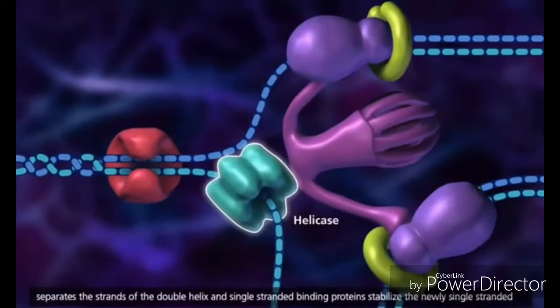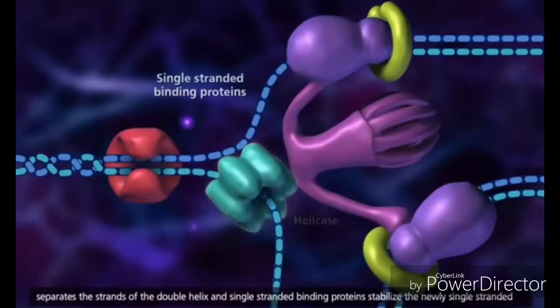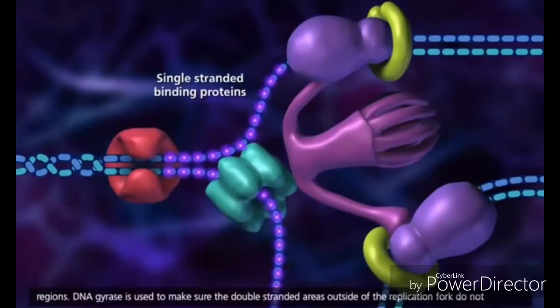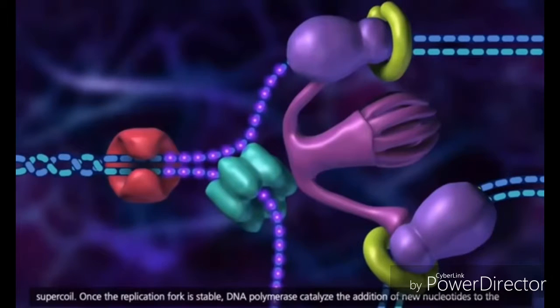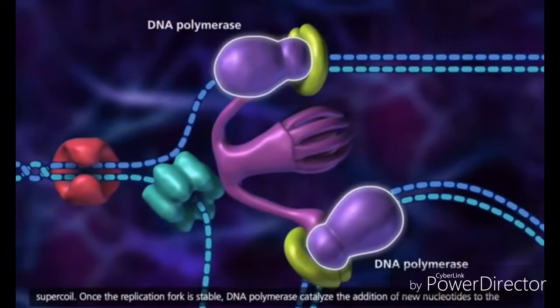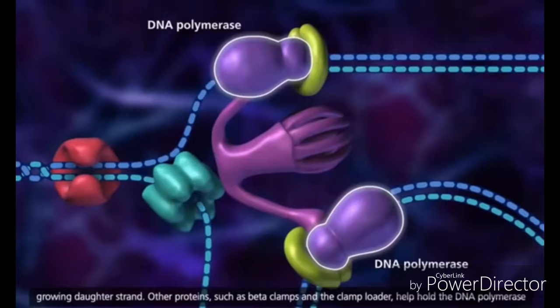Helicase separates the strands of the double helix, and single-stranded binding proteins stabilize the newly single-stranded regions. DNA gyrase is used to make sure the double-stranded areas outside of the replication fork do not supercoil. Once the replication fork is stable, DNA polymerase catalyzes the addition of new nucleotides to the growing daughter strand.